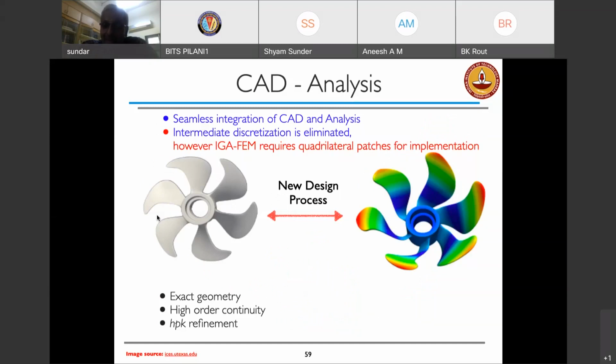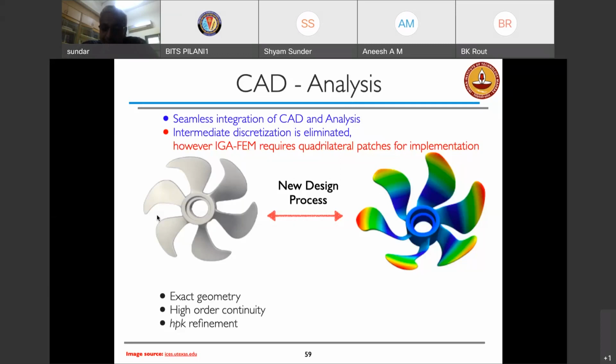So if I now want to represent an arc or a quadrant of a circle or a circle, if I use finite elements, I may not be able to represent it, but with the NURBS or isogeometric analysis, I can represent it exactly. And we can also generate higher order elements, which is not that trivial with finite elements. We can have higher order continuous elements quite easily.